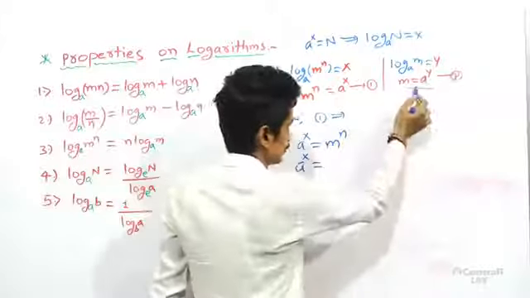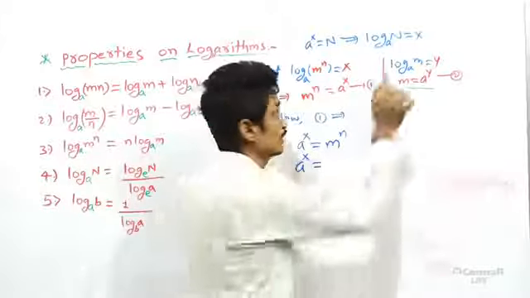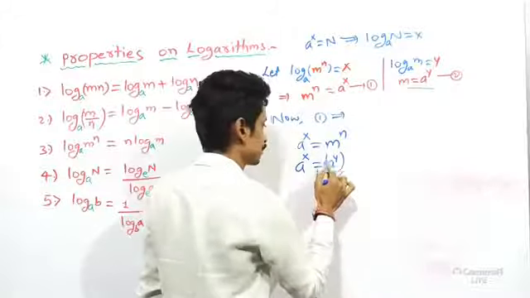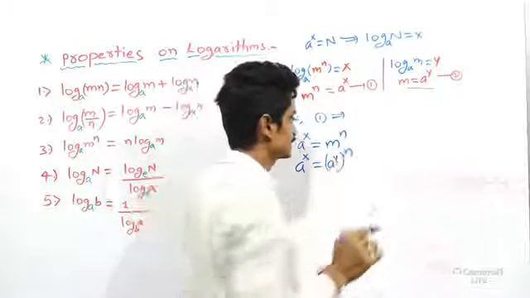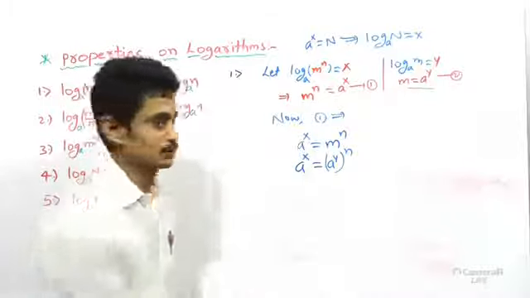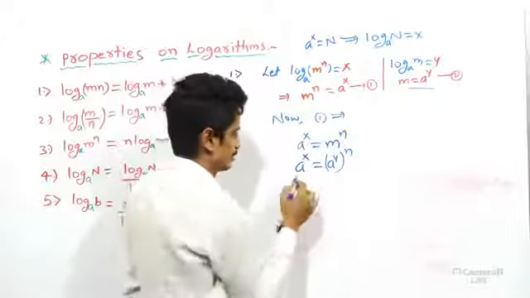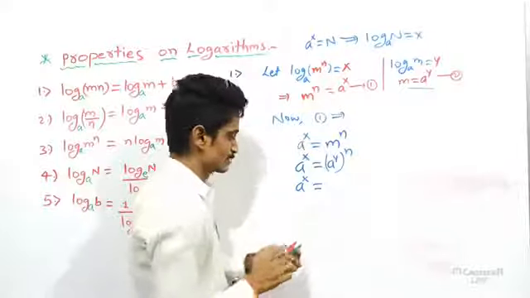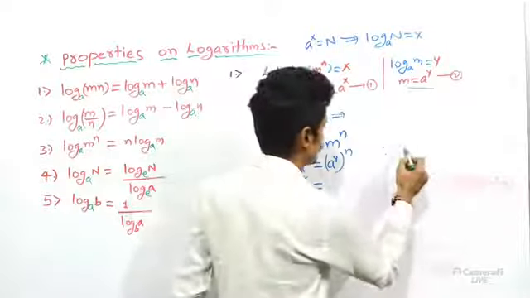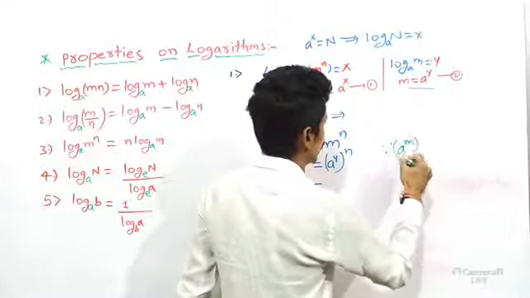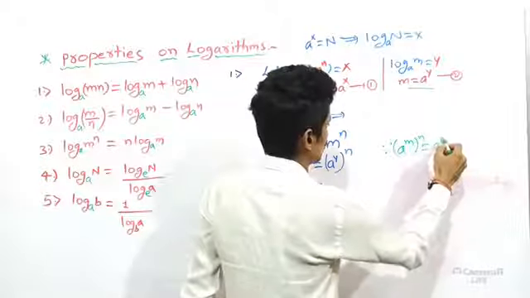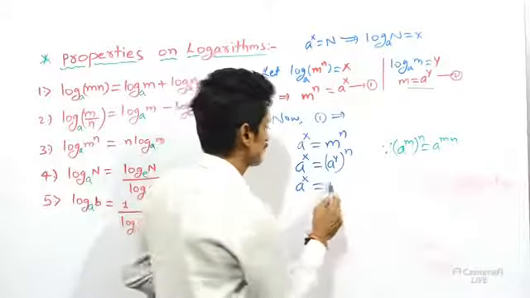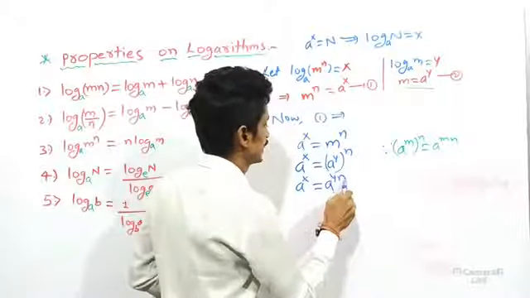According to equation number 2, we have the m value, that is a power y. I will write a power y. Whole power, already one number is there, that is n. Clear now? Now once again, before that we write something. A power x is equal to, since we know the third law of exponents, a power m whole power n is nothing but a power mn. Just apply it here. Now we'll get a power yn.